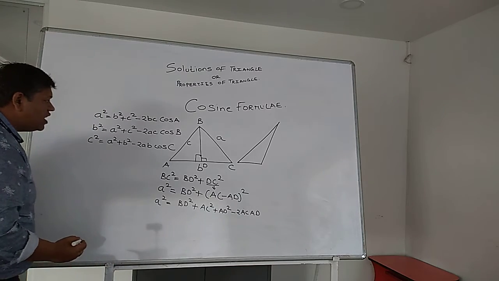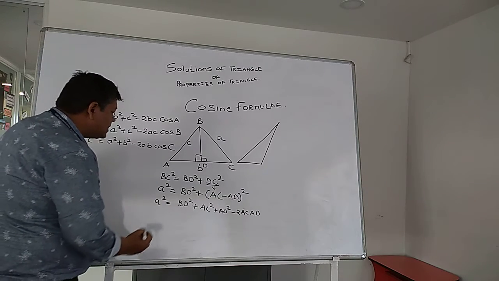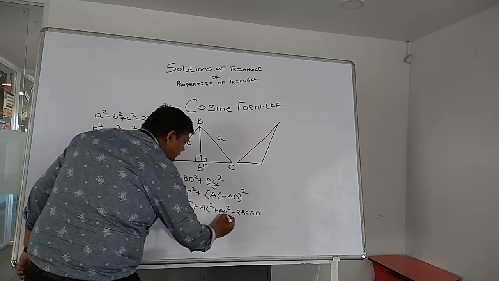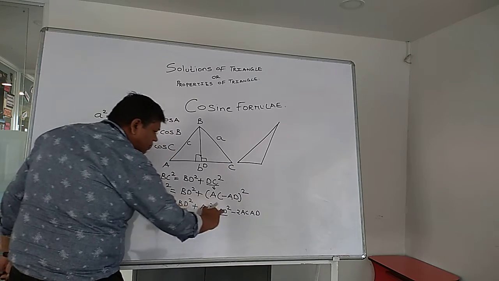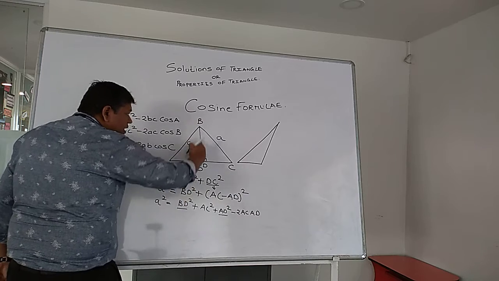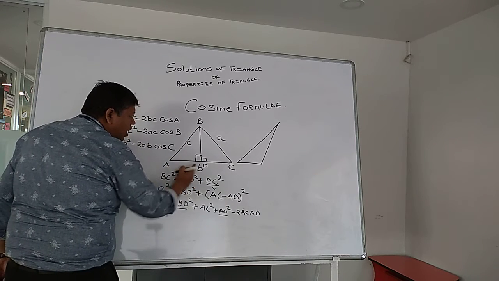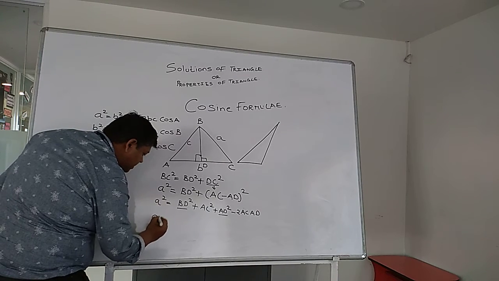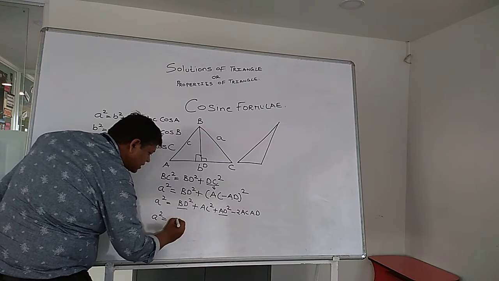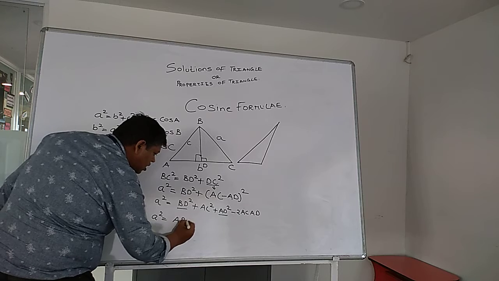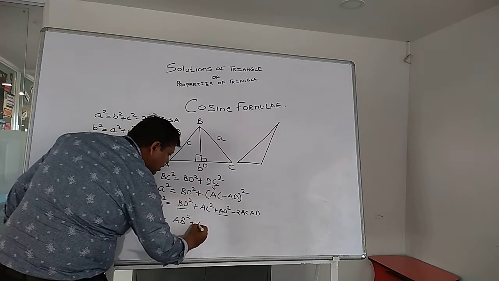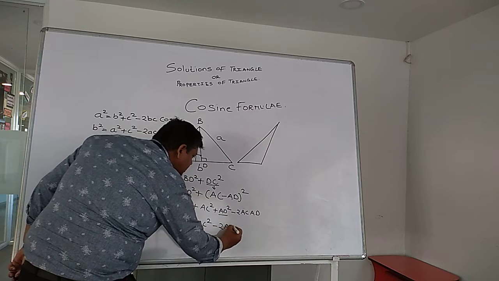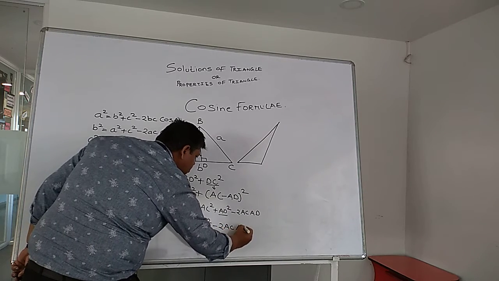So here we have the formula BD square plus AD square will be equal to AB square. So again substituting that value, I get AB square plus AC square minus 2 AC into AD.